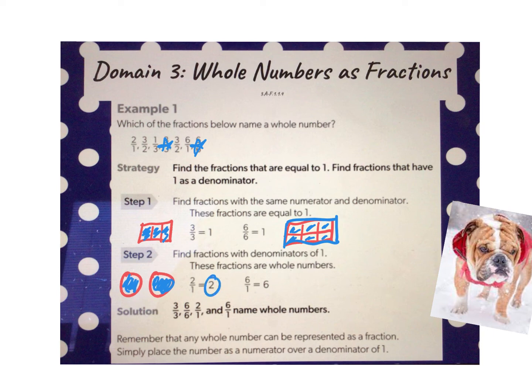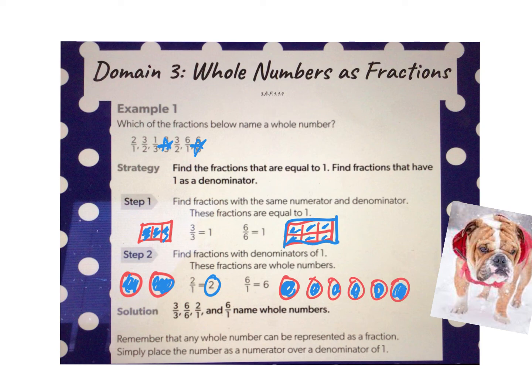And this one would look like this. I would have 6 shapes, 1, 2, 3, 4, 5, 6, and they would each be one whole part that would be shaded in, and so that would give me 6.